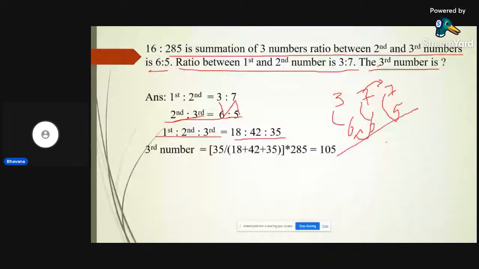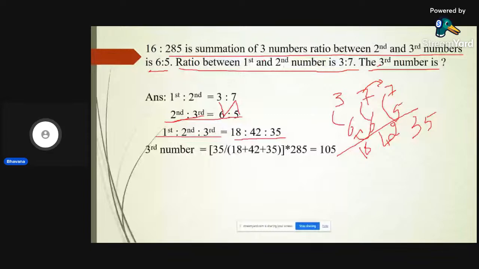In that case, we will get the answer. 3 sixes are 18. Then 7 sixes are 42. 7 fives are 35. Okay. Next, what is the statement here? 285 is the summation of the three numbers.